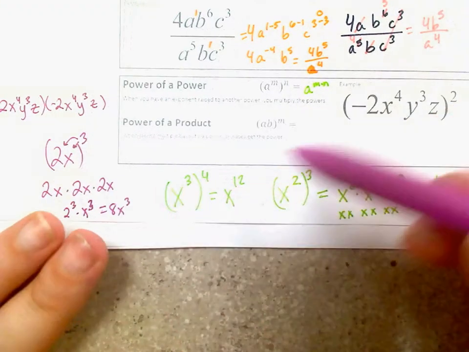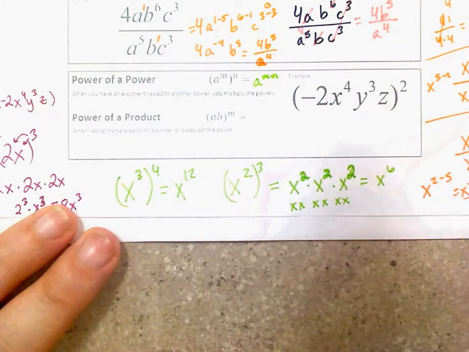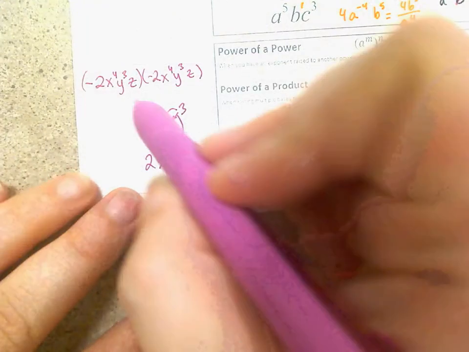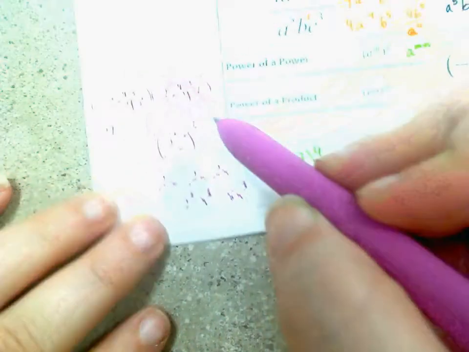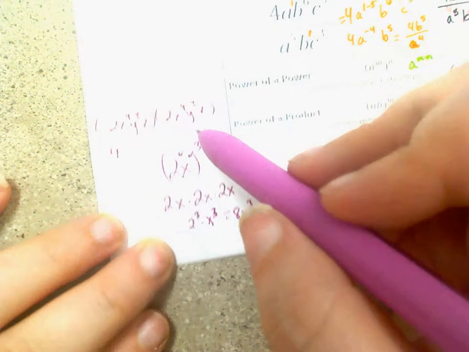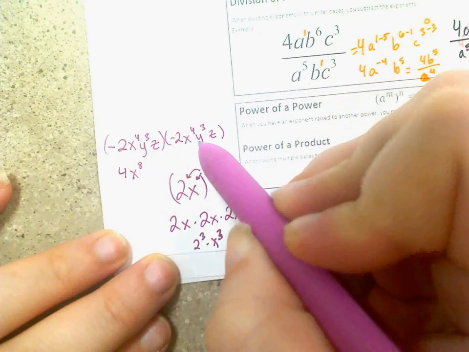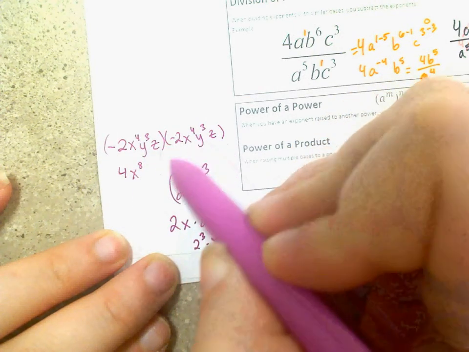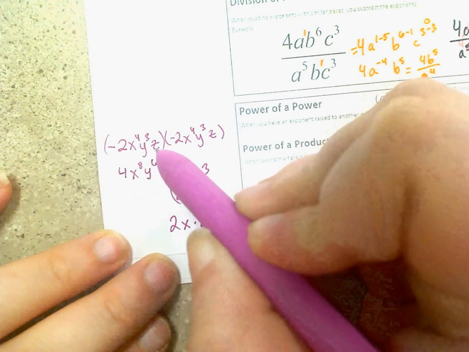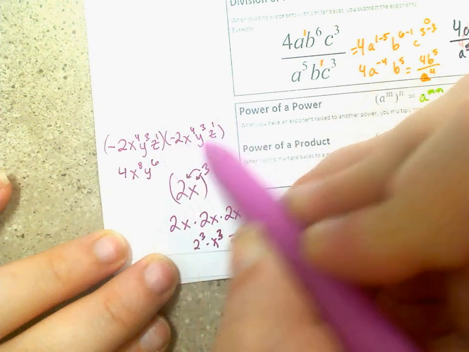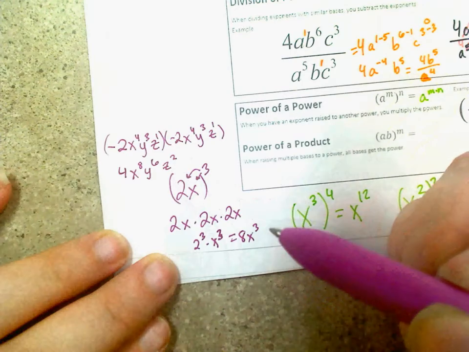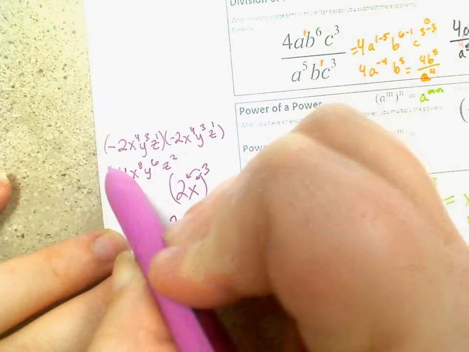Or you can distribute the power. Well, I'll go ahead and do it right now so you can see. Negative 2 times negative 2 is positive 4. X to the 4th times x to the 4th, you just add the powers because we're multiplying. X to the 4th times x to the 4th is x to the 8th. Y to the 3rd times y to the 3rd is just y to the 6th, so you add those together. And then z to the 1st times z to the 1st is z to the 2nd, so you add the powers together. Okay, so that would be that.